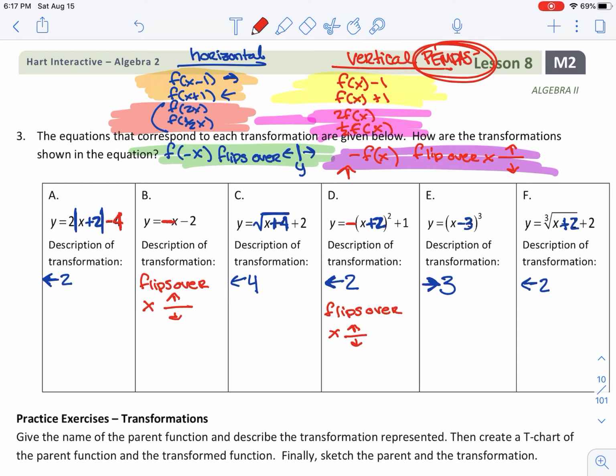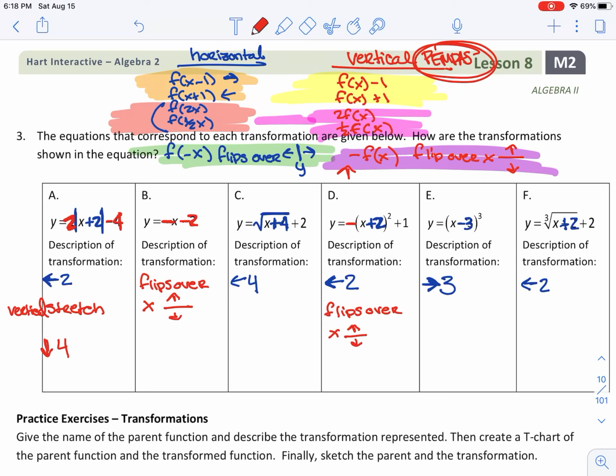Right here, I've got that -4. Oh, and that moves down 4. And I missed right here. Look, there's a 2 right there. There is a stretch there. So we're going to say that there is a stretch. That's vertical. Okay. We're not quite sure what that vertical stretch means yet, but we'll get there.